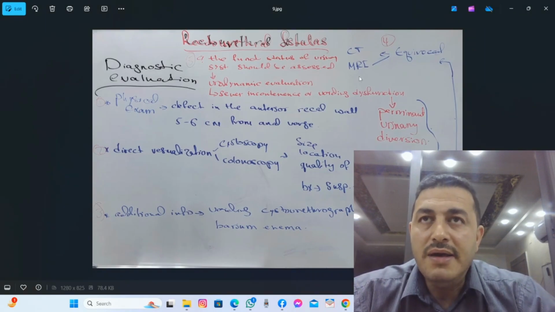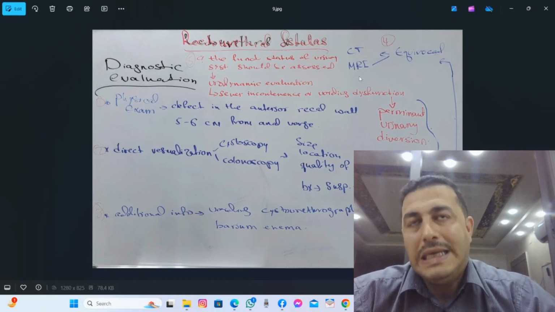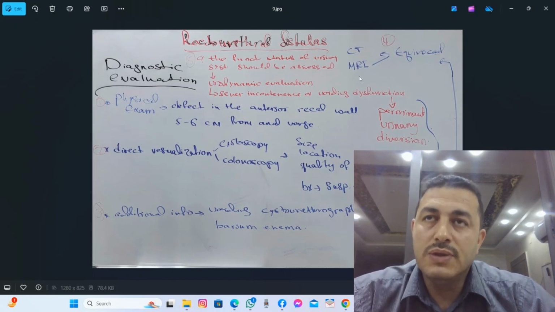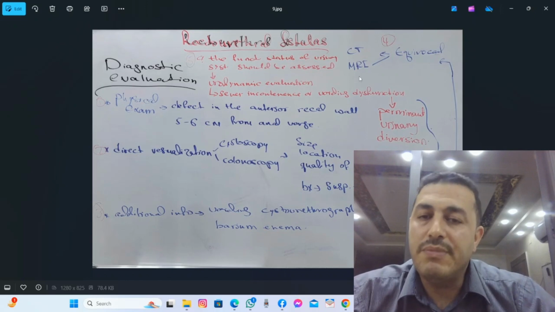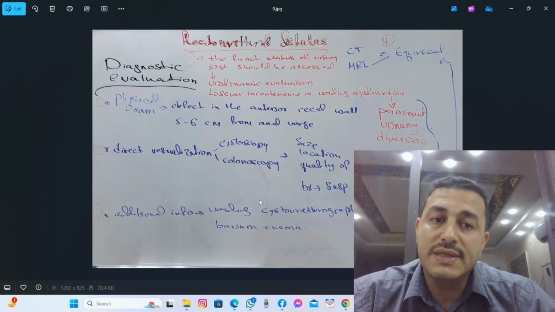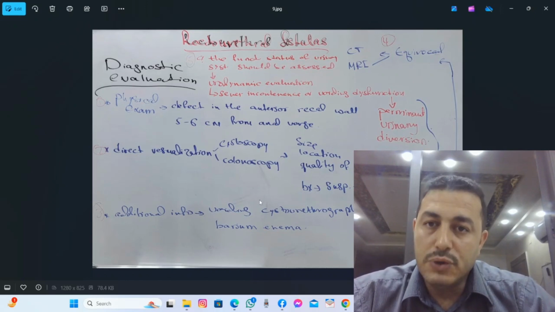Also, other imaging such as CT and MRI. Again, this is if we need more information, if we do not have enough information from the previously mentioned modalities.